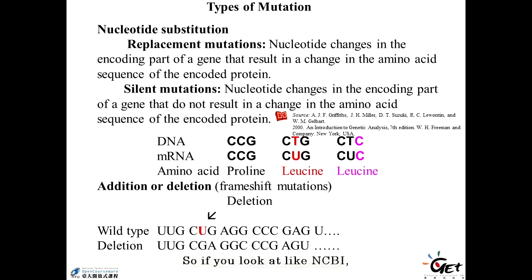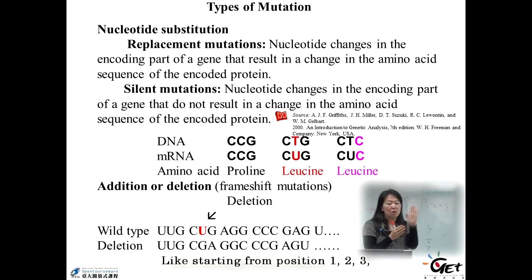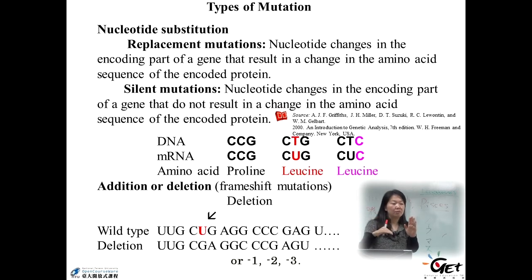If you look at NCBI GenBank, a sequence will tell you the coding frame. If you give a stretch of DNA sequence, there are 6 different coding possibilities, 6 frames, starting from position 1, 2, 3, or -1, -2, or -3.